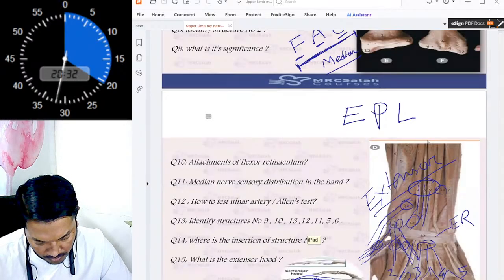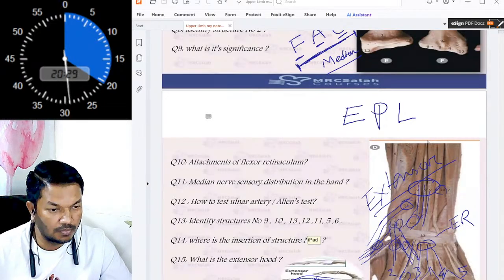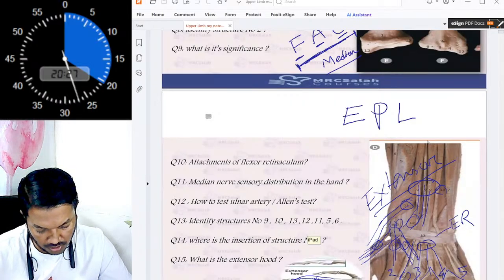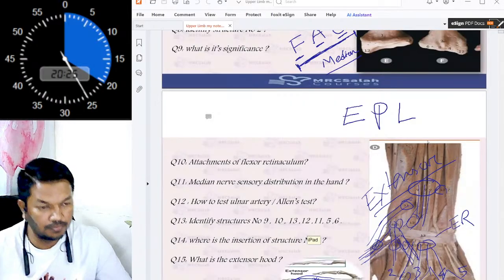Number 9 is the extensor digitorum muscle.